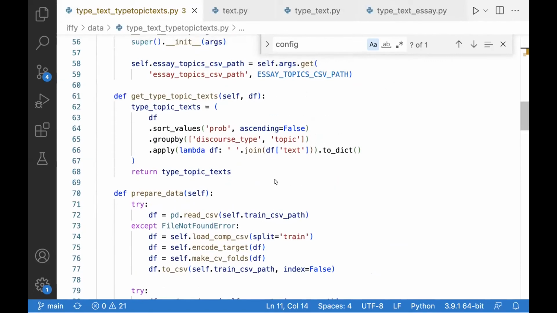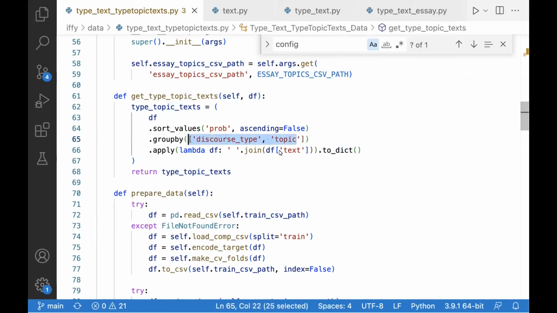So that's the result I've just shown you. That's what I've tried with the topics. After adding the topics to each sample, I then group the samples by their type and topic.